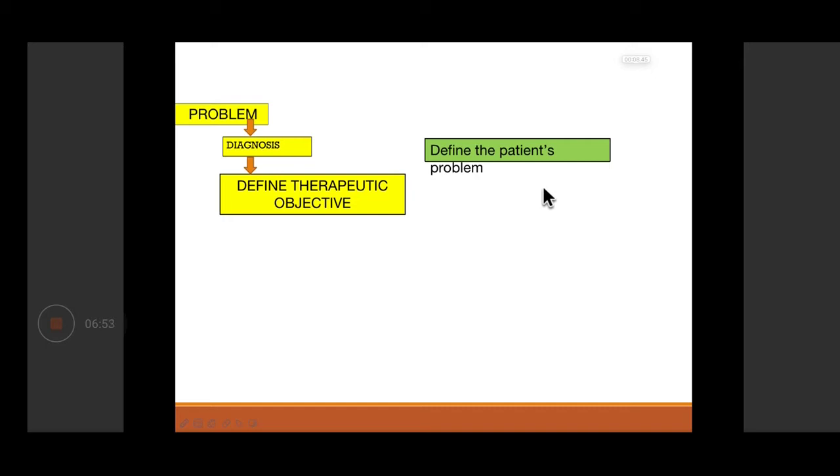If a patient is coming with a high-grade fever for 2 days, your therapeutic objective will be to bring the fever down. How will you bring the fever down? Probably you will do a cold pack or you will prescribe Crocin. So before anything, understand the problem, define the objective, choose the treatment.